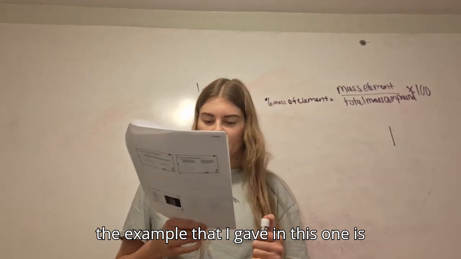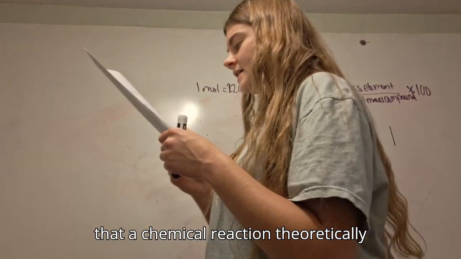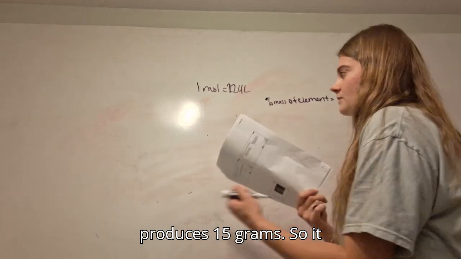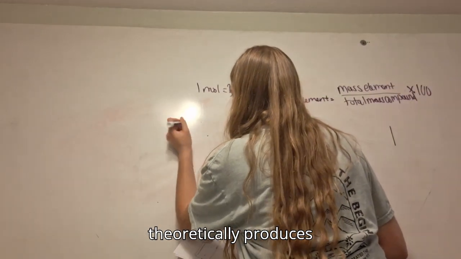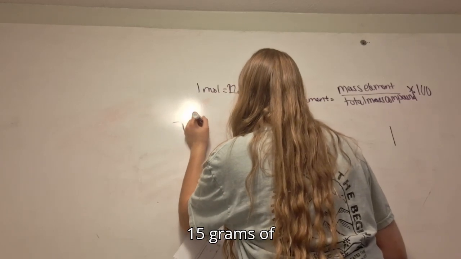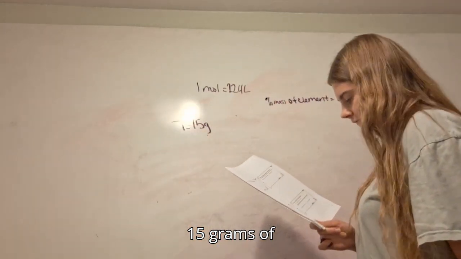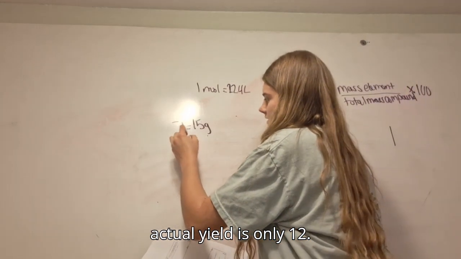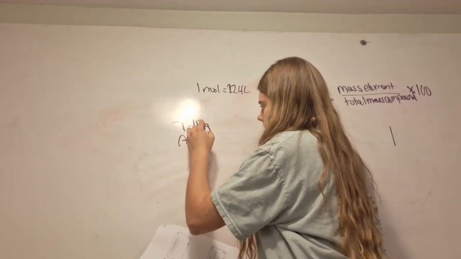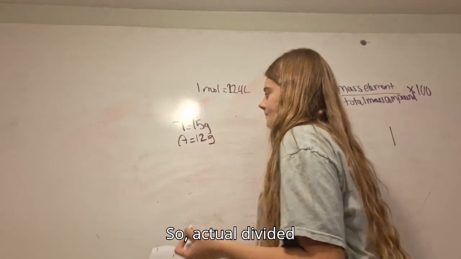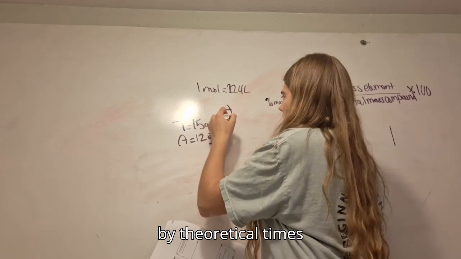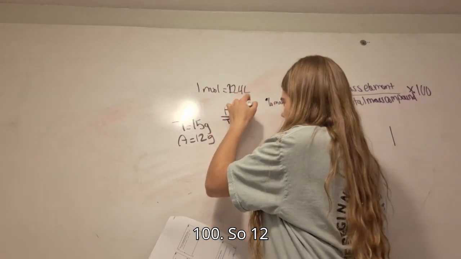The example that I gave in this one is that a chemical reaction theoretically produces 15 grams of the product, but the actual yield is only 12. So actual divided by theoretical times 100.